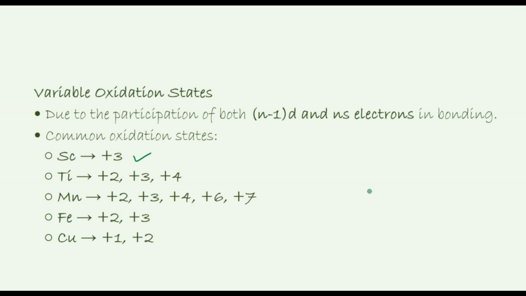Titanium has varying oxidation states from +2 to +4. Manganese +2 to +7. And iron +2 and +3, ferrous and ferric. Copper, cuprous and cupric. Like this, they exhibit varying oxidation states.